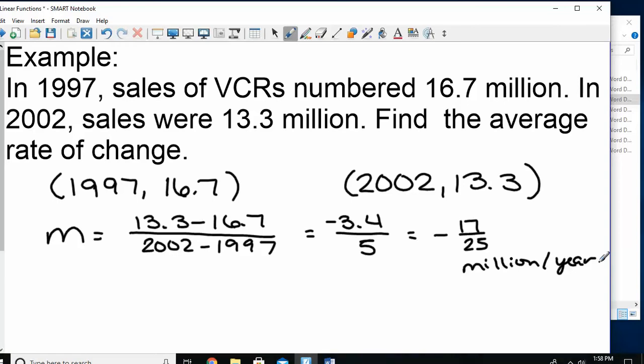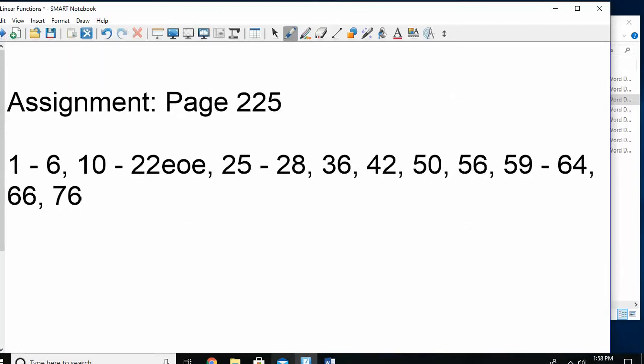Any questions? So we've got some time left. Hold on, I think I'm going to modify this, actually. Don't write that down yet.